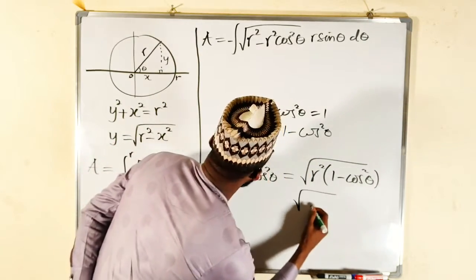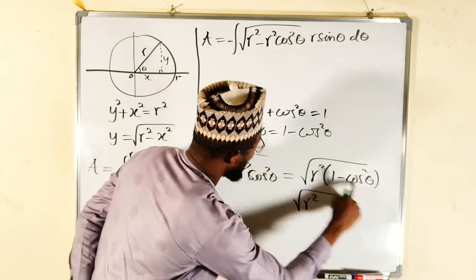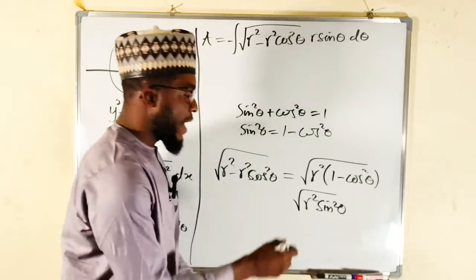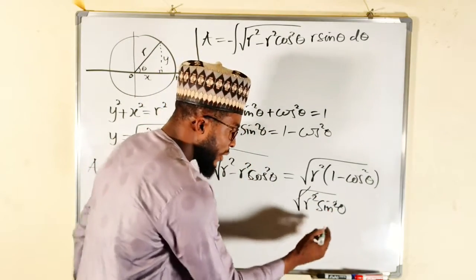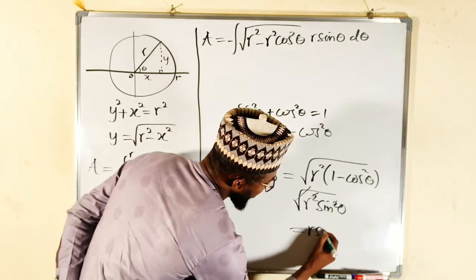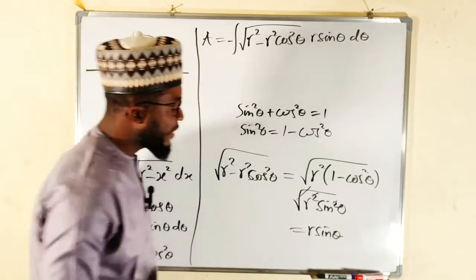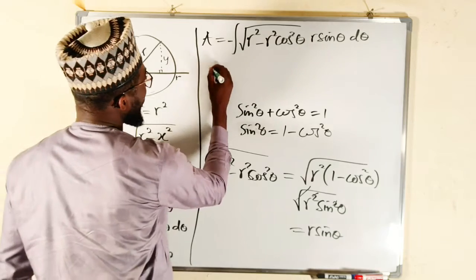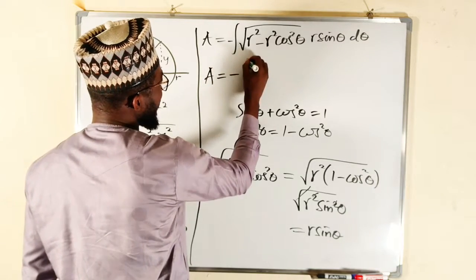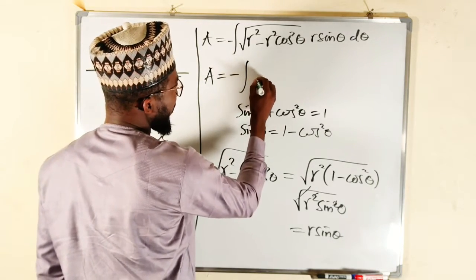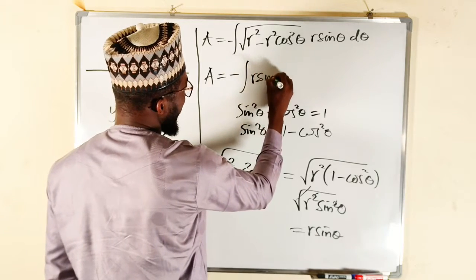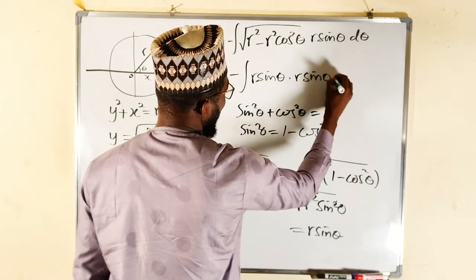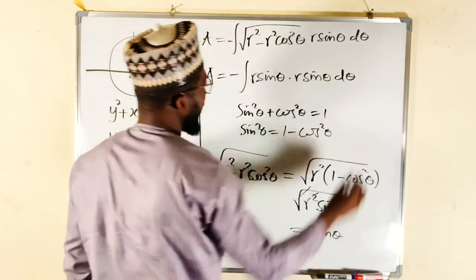So this is the same thing as the square root of r squared, but instead of this we write sine squared theta, and this square root and these two powers will cancel, leaving only r sine theta, right? So the whole of this square root is r sine theta. Let's continue. A is equal to negative integral of r sine theta multiplied by another r sine theta, then d theta.